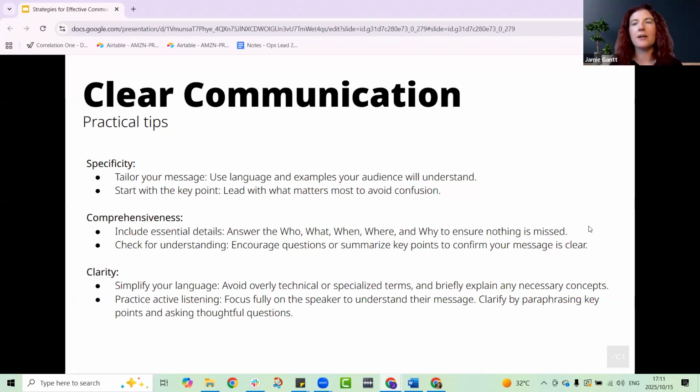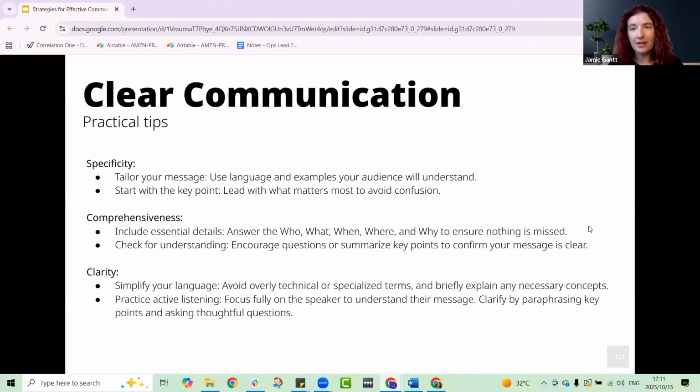You want to consider the audience so that they understand. And then also make sure that it's two-way, right? Even though we might be delivering a message, you want to make sure that you're creating space and encouraging questions for clarity. One of the big things that I love to say at the end of any communication is, okay, what are you walking away with from this conversation? Or what are the things that I just communicated to you?